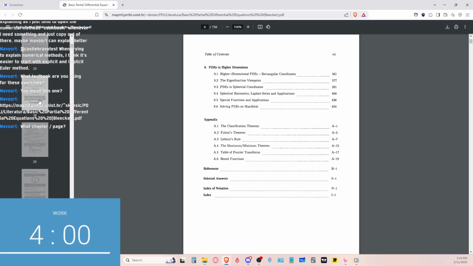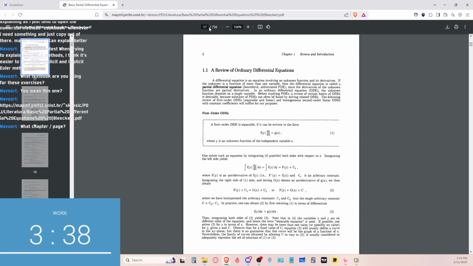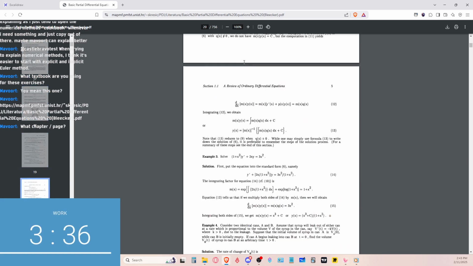I'm doing section 1.1, so it should be on page, where is it? Page 17. Will I get page 17 if I type 17 in here? Nope. I have to search for it.